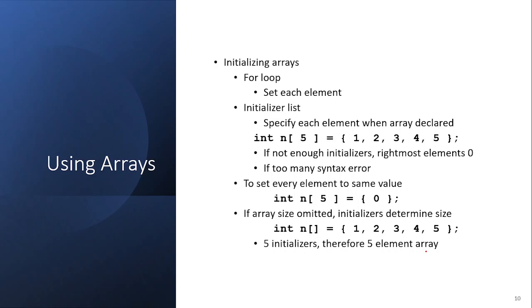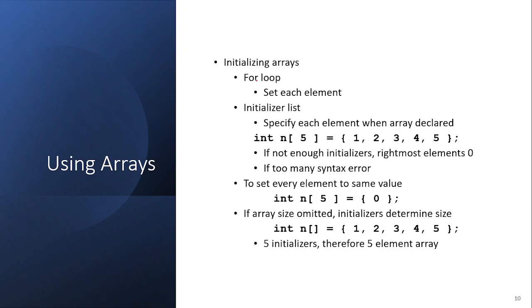Once you declare an array, just like other variables, arrays are not initialized. All the elements of the array have garbage values. So you need to initialize the elements of the array. Since arrays have multiple elements, you need to repeat the process of initialization multiple times, for each element in the array.